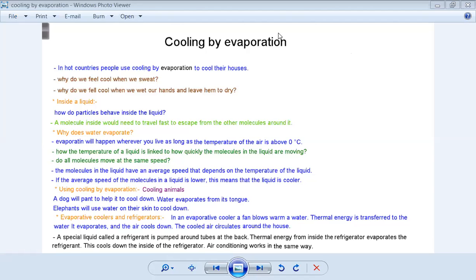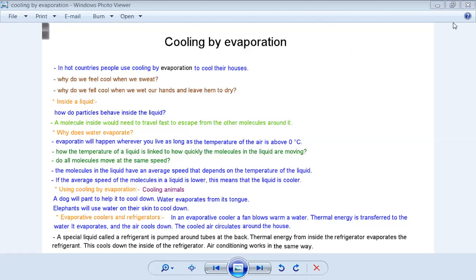Frequency. Thanks, Fatima. Okay, and we said all objects emit thermal radiation, but depending on what?